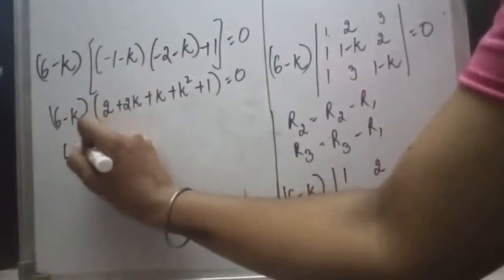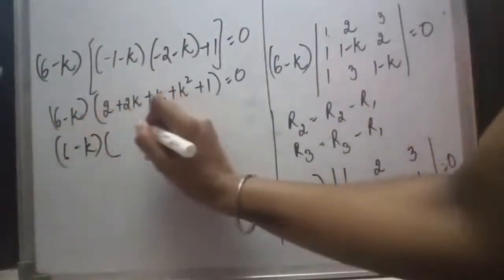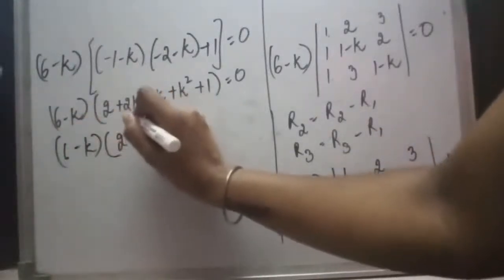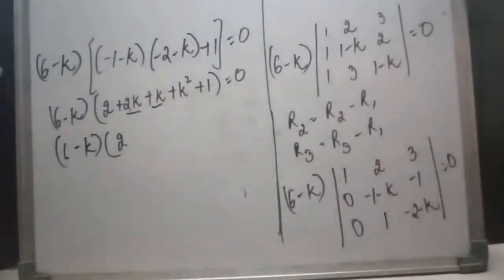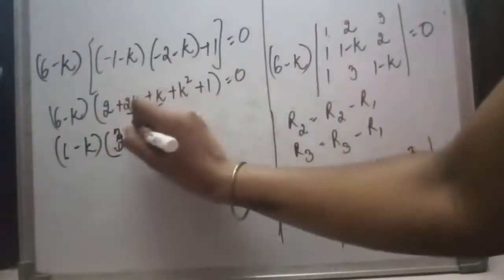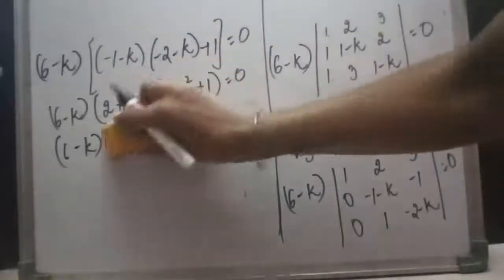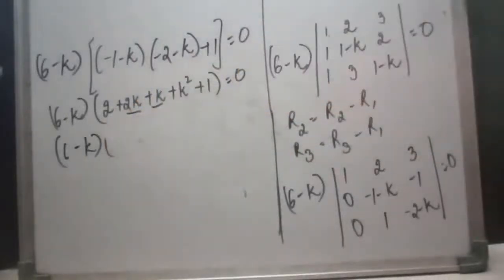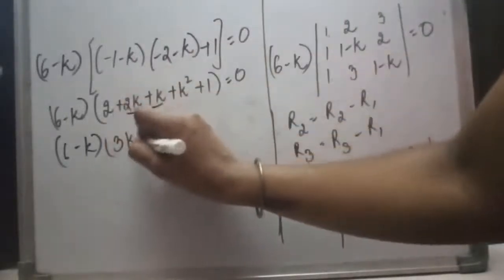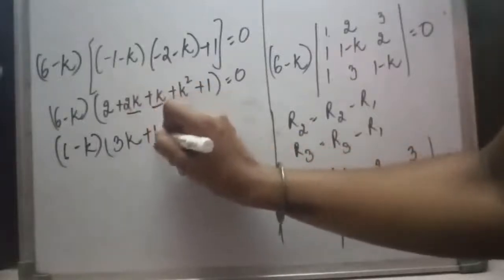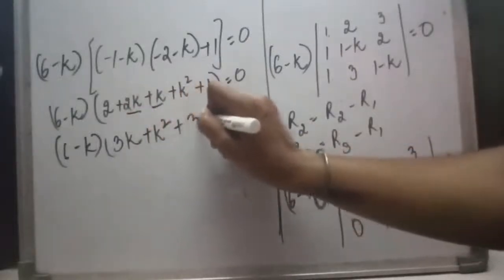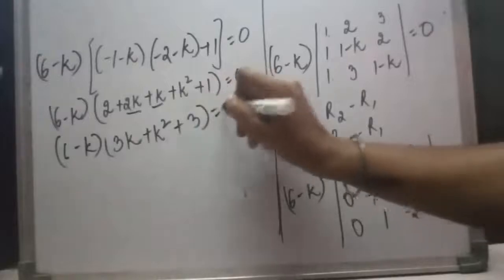Again it will be 6 minus k, and 2k plus 1k will be equal to 3k. So I'll write it properly. It will be 3k when we add it, plus k square plus 3, so that will be equal to 0.